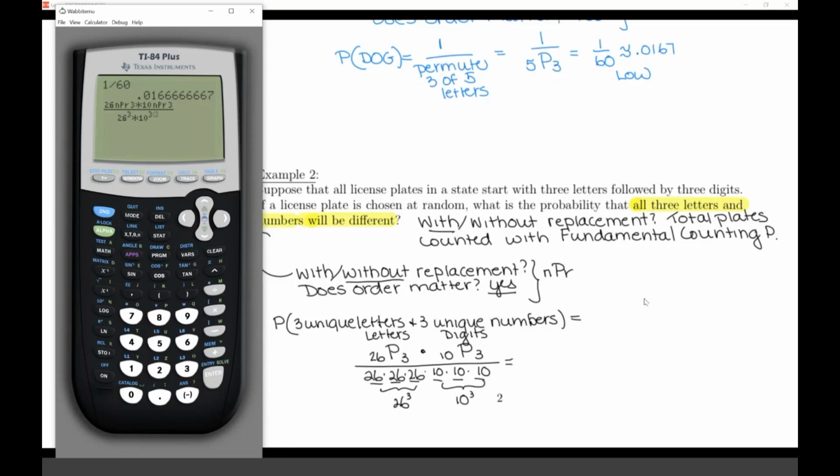That gives me a result of 108 over 169, which is approximately, as a decimal, 0.6391.